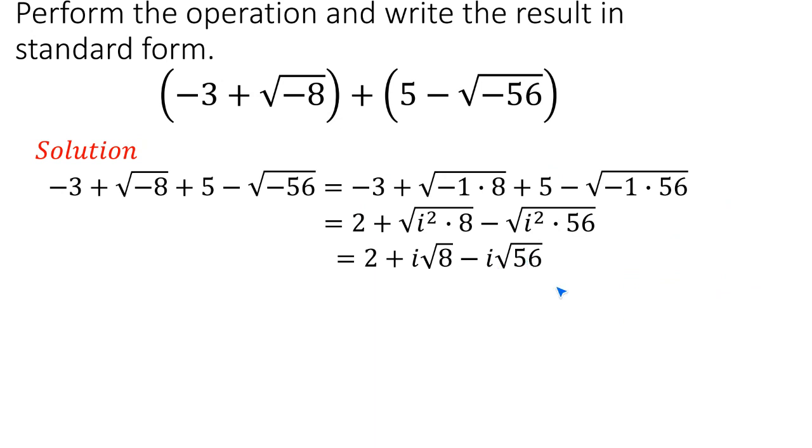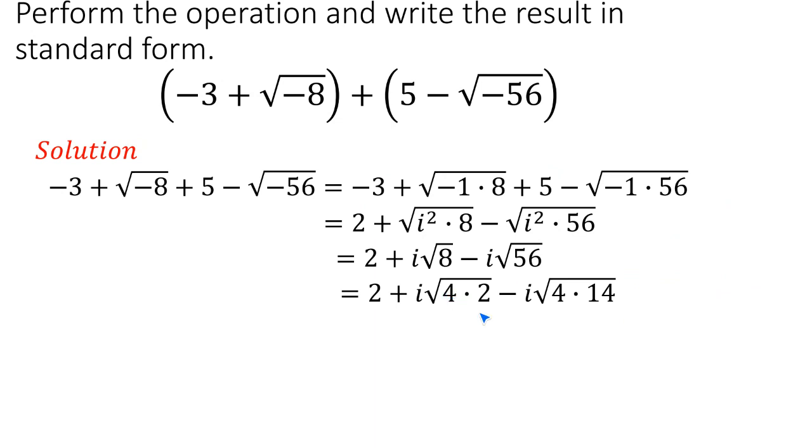Okay. Now, in order to add or subtract the radicals, the numbers inside, which we call the radicands, have to be exactly the same. So you want to simplify the 8 and the 56 to see if you can end up with the same numbers inside. For 8, 4 times 2 will give me 8, and notice that I'm using a perfect square so that we can take the square root of 4.